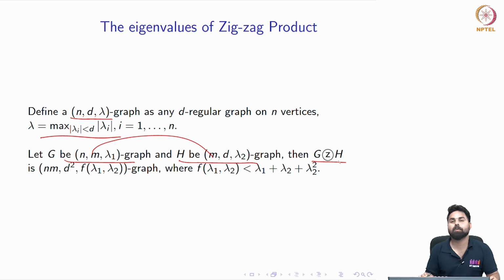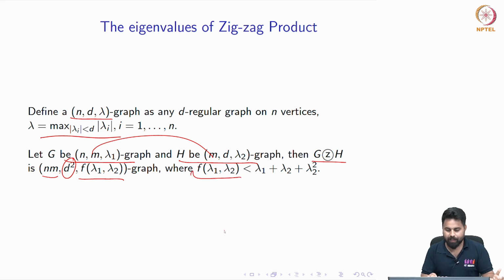Then the replacement product of G with H has n into m vertices, very easy, degree d square, as we have seen, and these eigenvalues. The second largest eigenvalue in terms of modulus, other than the maximum one, which is equal to the degree d square, will always follow this bound.